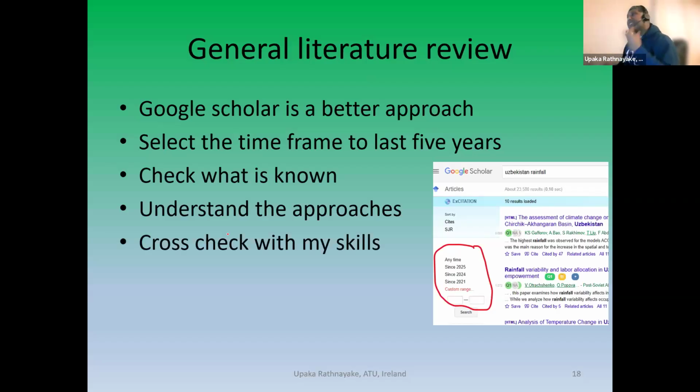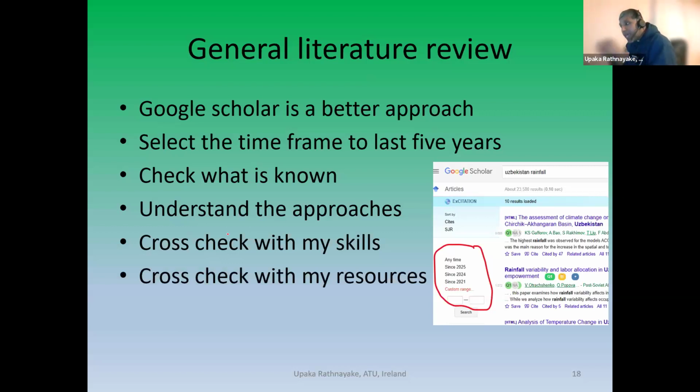Cross check. This is again important. When you understand the approaches, cross check with my skill set. Am I able to do this? So you have to cross check with your skill sets and cross check with my resources. Do I have enough resources for them?